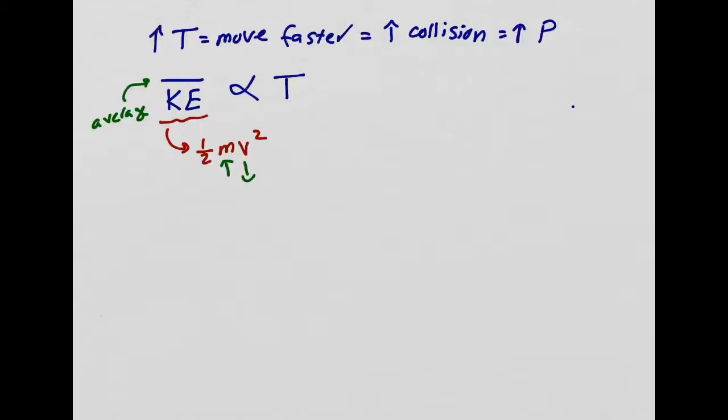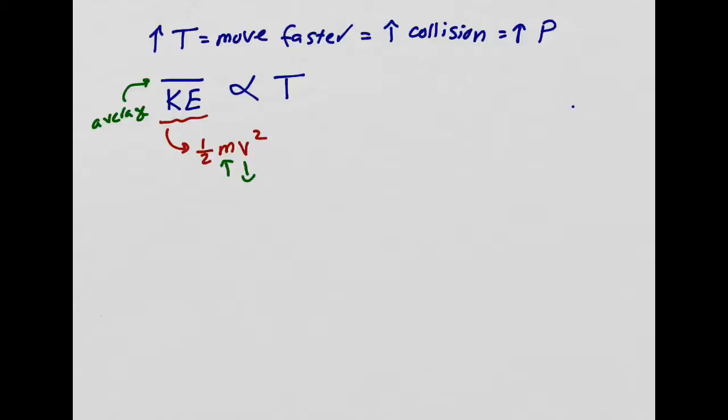Kids are tiny and they can run around super fast. So mass goes up, velocity goes down; mass goes down, velocity goes up. One goes up, one goes down, so they end up balancing each other out. Average kinetic energy is only temperature dependent.